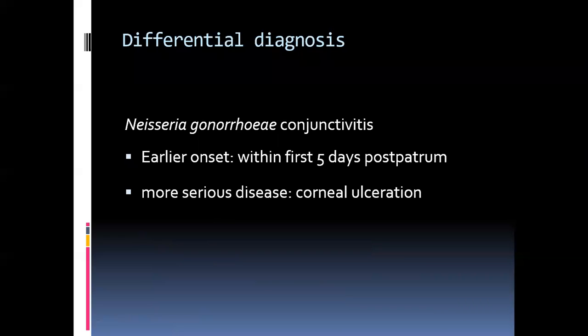Differential diagnosis of Chlamydia includes Neisseria gonorrhoeae conjunctivitis, which has an earlier onset, most probably within the first 5 days after birth, in the postnatal period.